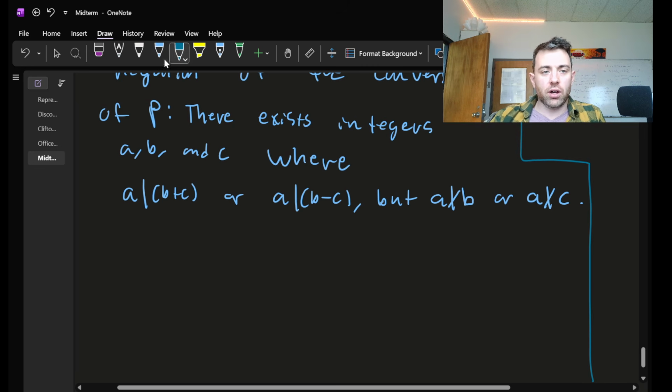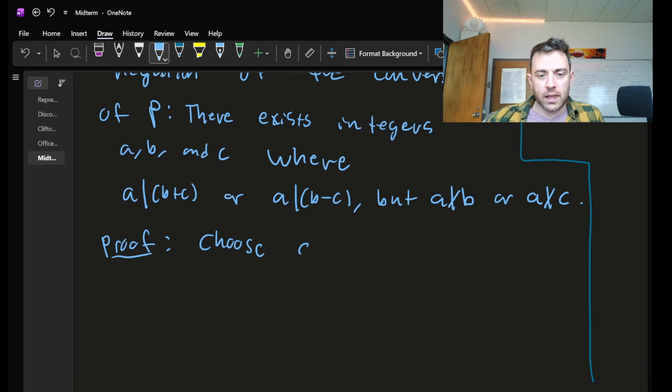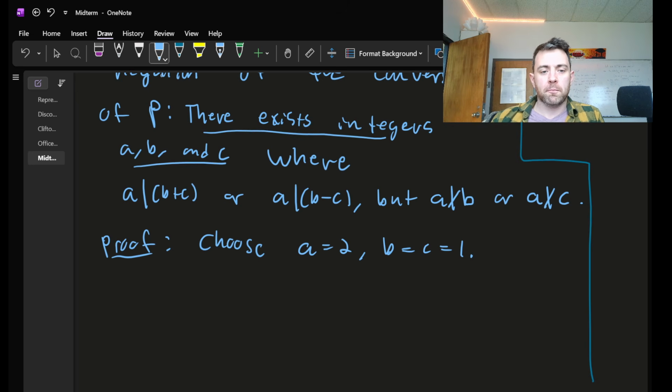So we already saw from up above that the following choices will work. So choose a to be 2 and b equal to c equal to 1, right? So we've taken care of the existential part of this statement. Now we need to verify that either one of these two statements is true.